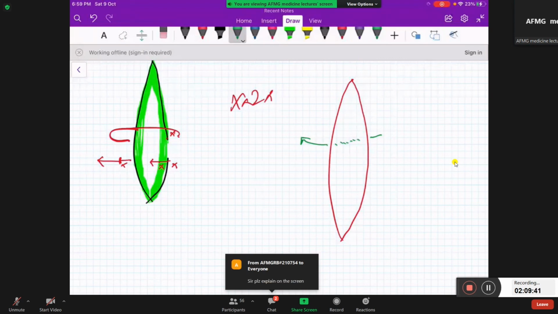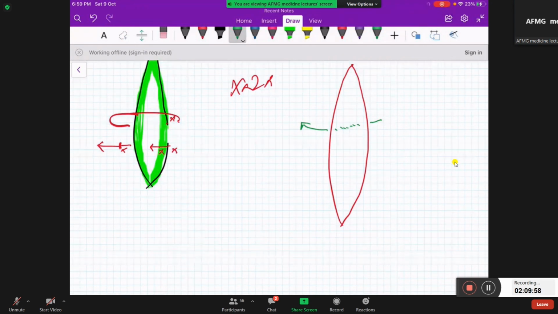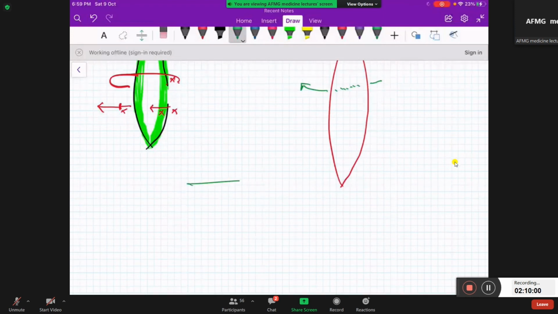Now I've come out. In vertical I was going vertically. Now I'll go horizontally. Out, in, out. So if this is the skin, imagine this.